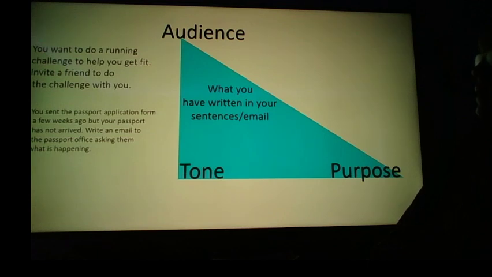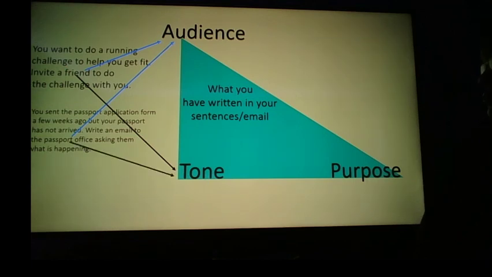So when you get an exam question, you'll always be given an audience. So the audience in the first exam question is your friend, and the audience in the second exam question is the passport office. So you need to really underline that or highlight that because that's quite important. And if you are writing to a friend, your tone is informal.